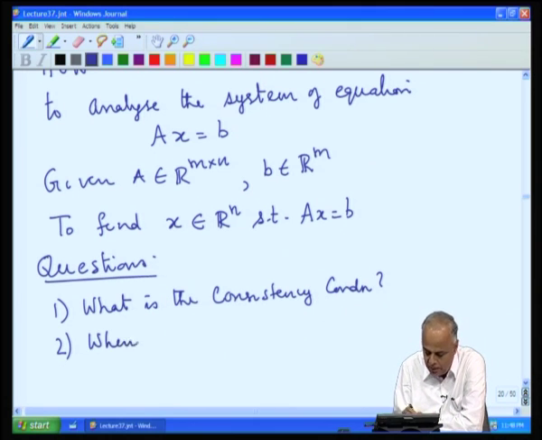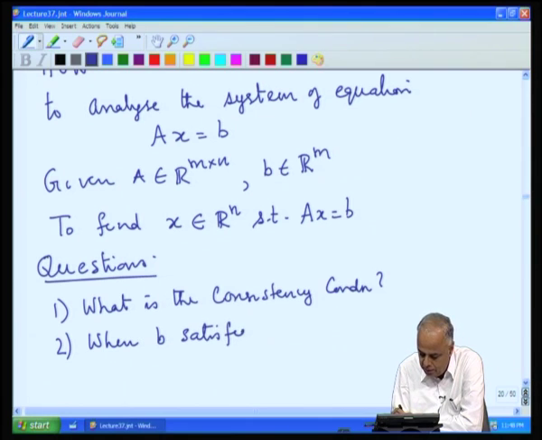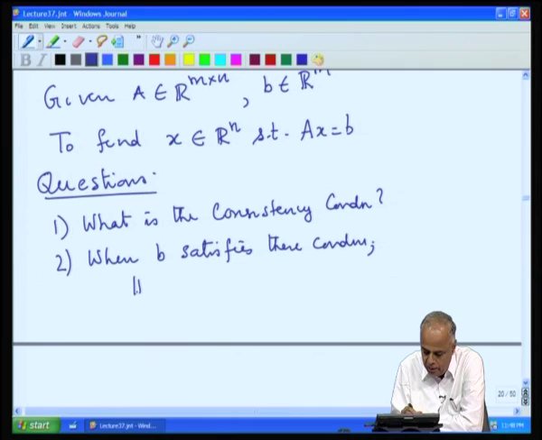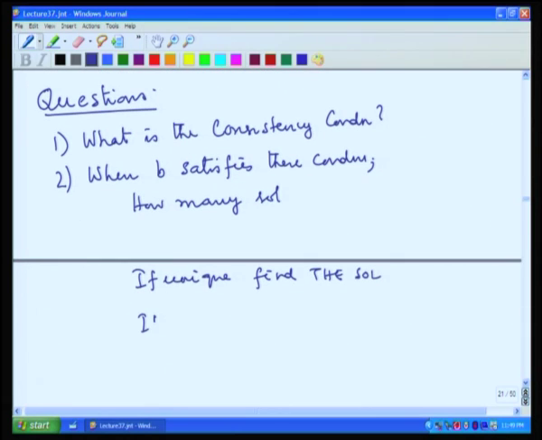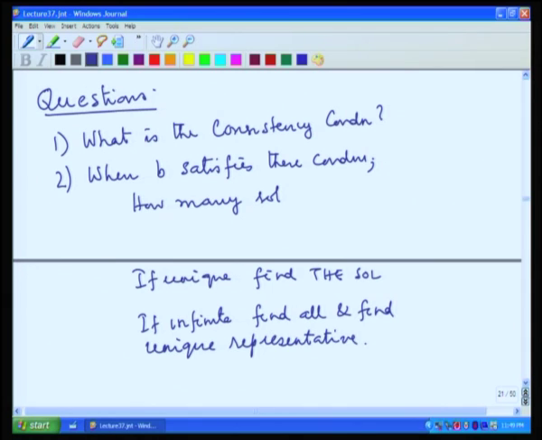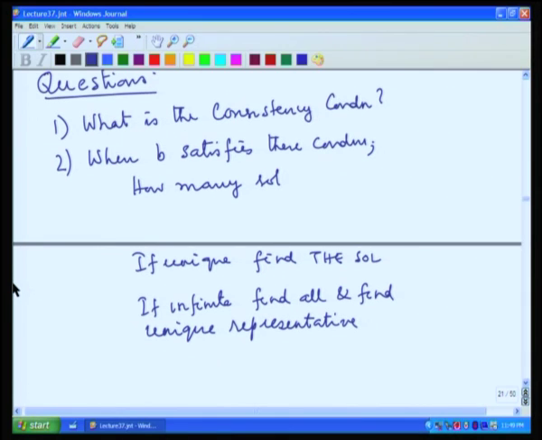Then when b satisfies these conditions, we want to know how many solutions, then if it is unique, we want to find the solution. If the number of solutions is infinite, find all and find a unique representative solution. Among the many solutions that we have, we must say what is some criterion that we can use in order to pick a representative solution.